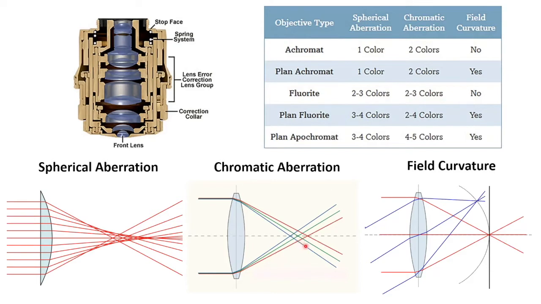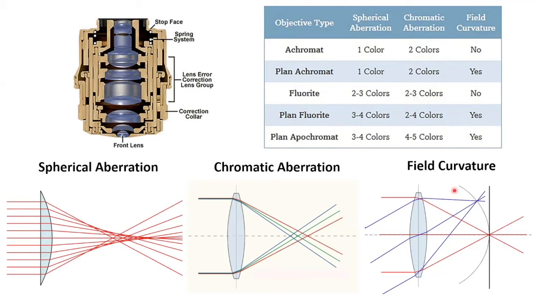For example, blue light has a higher frequency, so it's bent more, and so the focus is closer to the lens than the red one, which has a longer wavelength. And also when the light passes through a lens at a different angle, different colors also focus at different planes. This phenomenon is called field curvature.